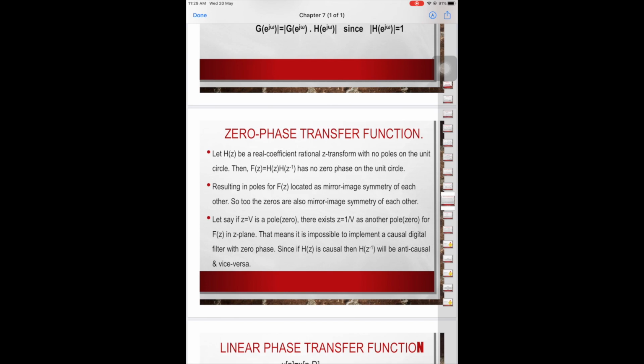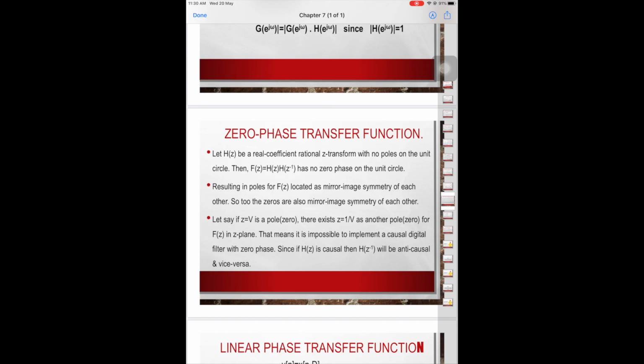If you still remember the illustration just now, poles and zeros are mirror images of each other. Resulting in the poles of F(z) being located in mirror image symmetry of each other, and so too the zeros.